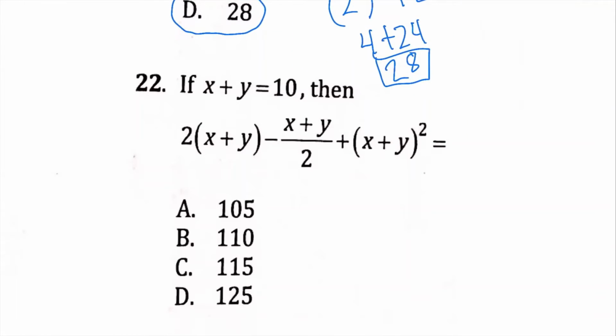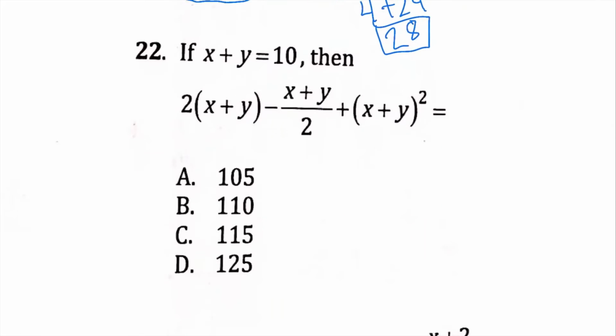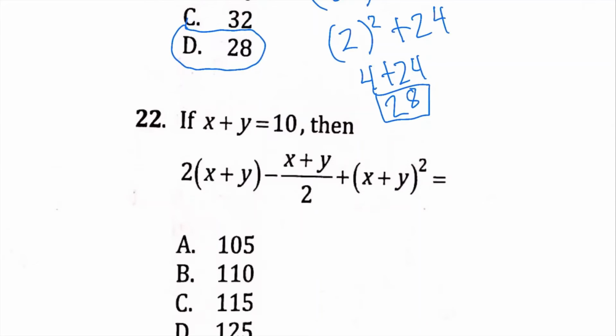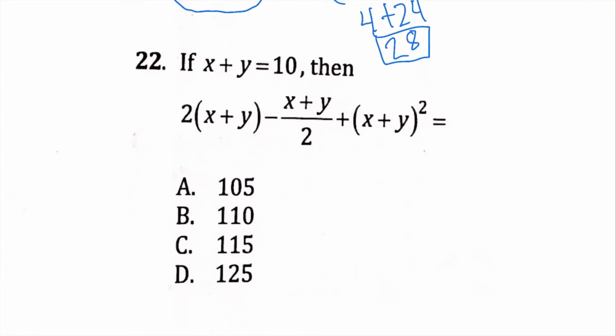Now let's see. So 22 is the same concept, and let me just pick a different color. So again, x plus y is equal to 10. So everywhere I see an x plus y, I'm going to put a 10 in there. Okay, that's what's going to happen. So I'm just rewriting it, and I'm going to use brackets. x plus y, I'm replacing it with 10, minus x plus y over 2.